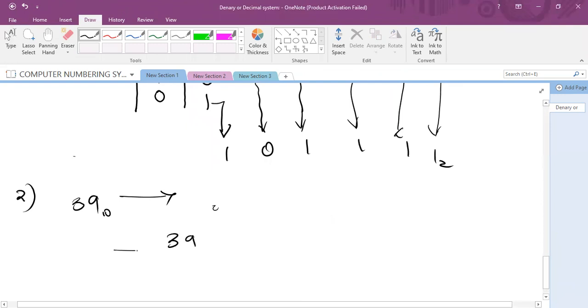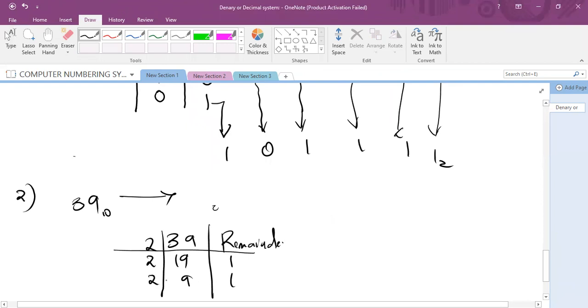So 39, we are going to divide by 2, and then on this side, we're going to note the remainder. So the first time we divide 39 by 2, it goes into 2, 19 times, the remainder is 1 because you get 38. 19 divided by 2, 9, 18, the remainder is 1. Then 9 divided by 2, there are 4 times, the remainder is 1.